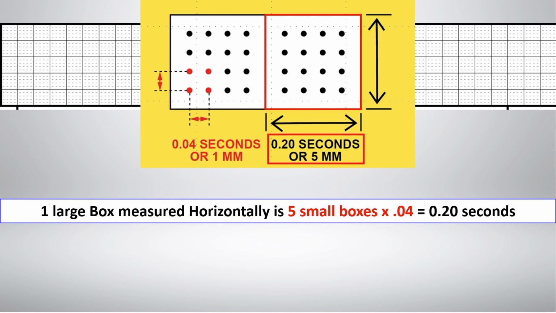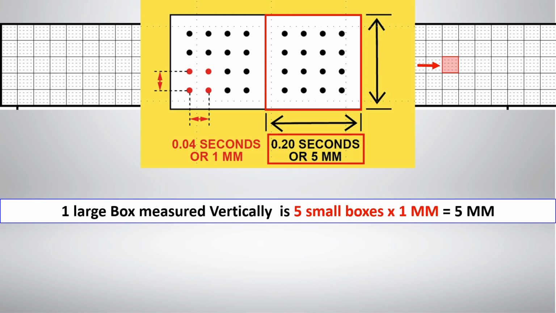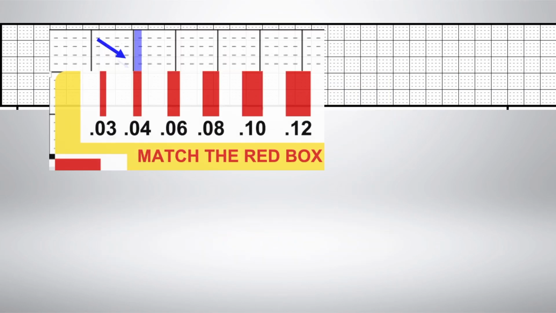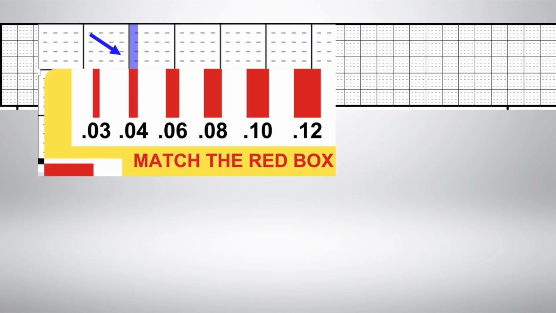One large box measured horizontally is 5 small boxes times 0.04, equaling 0.20 seconds. One large box measured vertically is 5 small boxes times 1 millimeter, equaling 5 millimeters. The EKG badge is designed and calibrated to accurately measure all cardiac intervals.